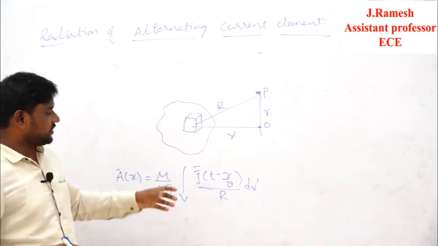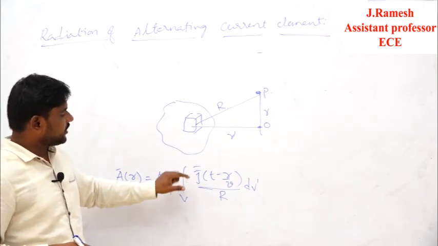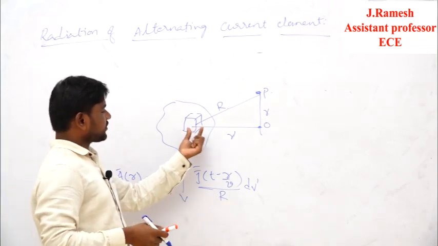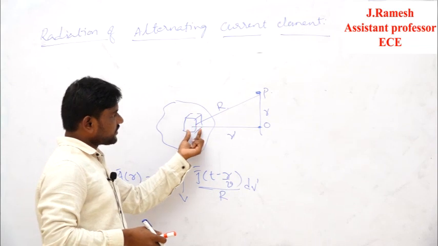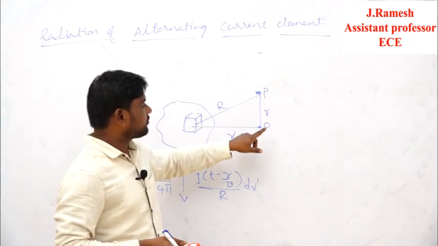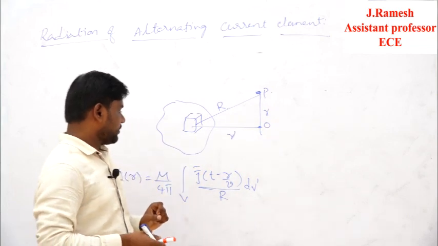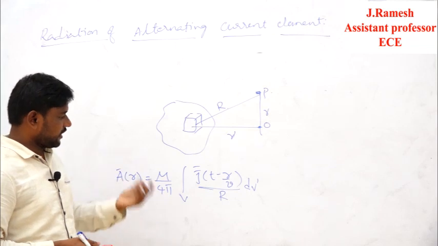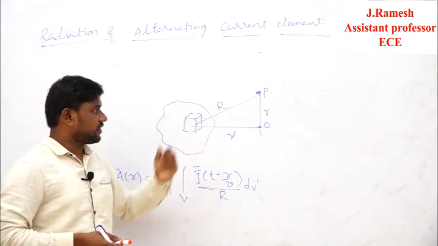If you observe the expression, J bar is the current density. Here R is the distance from the small surface to the point P, and small r is the distance from the origin to the point P. So this is the potential due to any element at a far distance R.